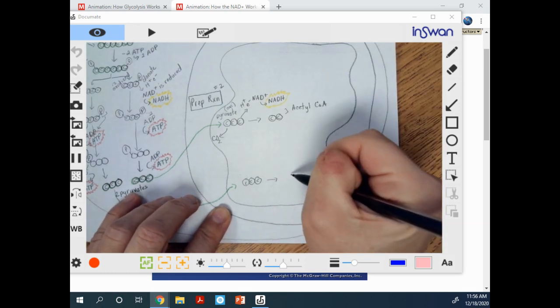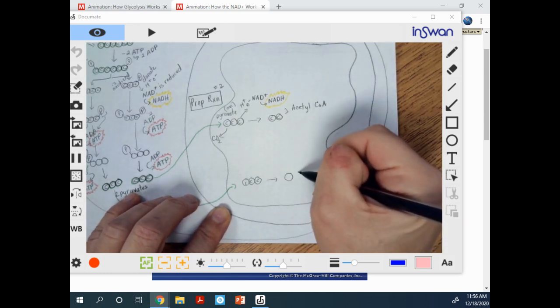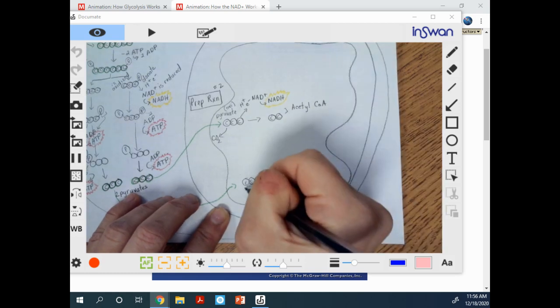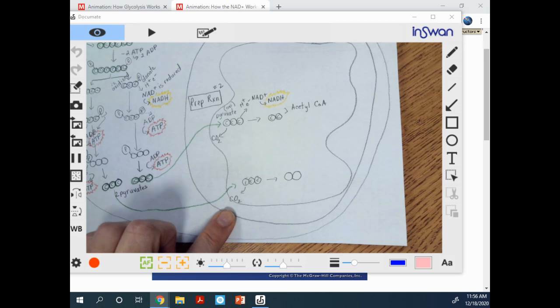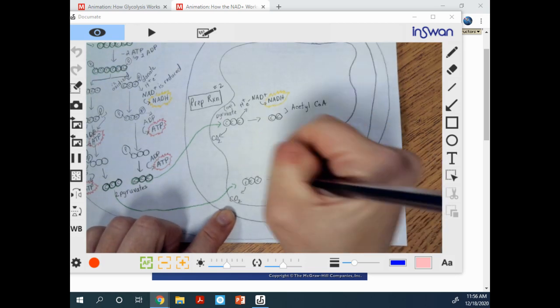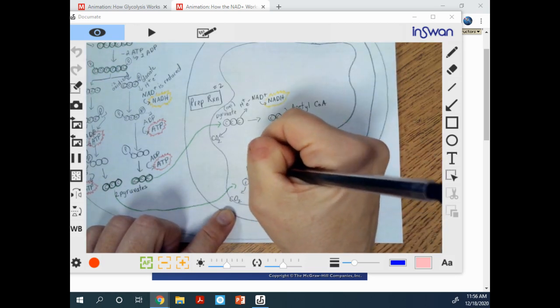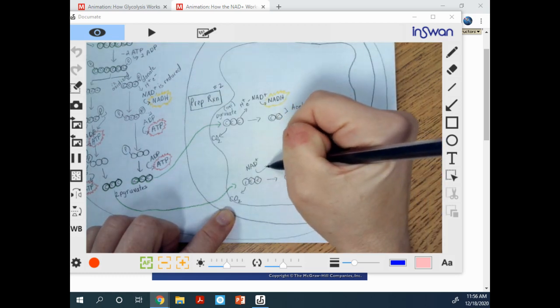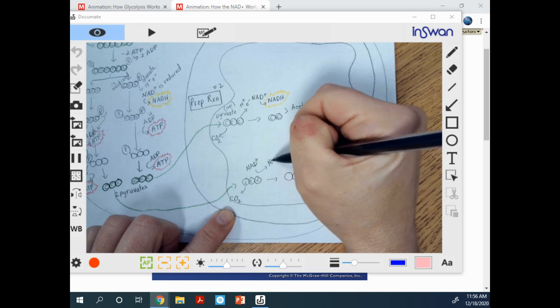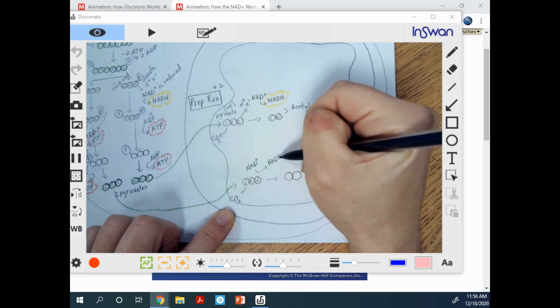An enzyme attaches an acetyl group and takes off a carbon atom, and that will form CO2. We also pull off a hydrogen atom from basically glucose. And now we have NAD+. Sorry, NADH.